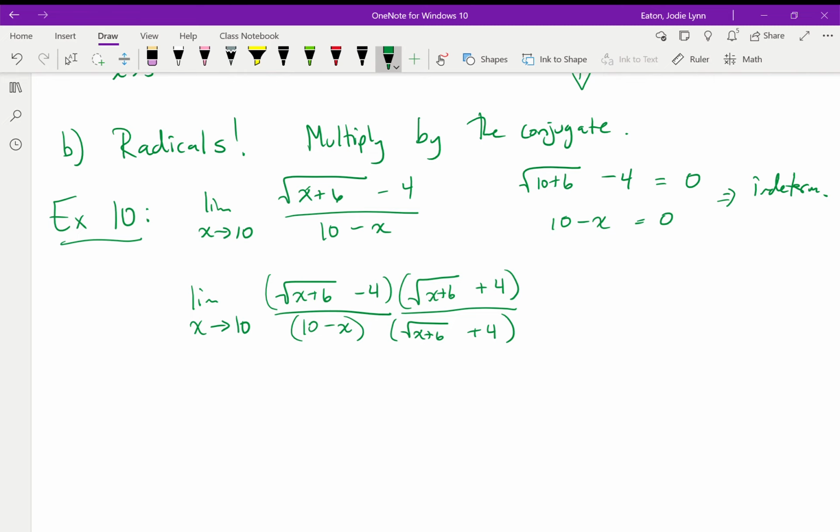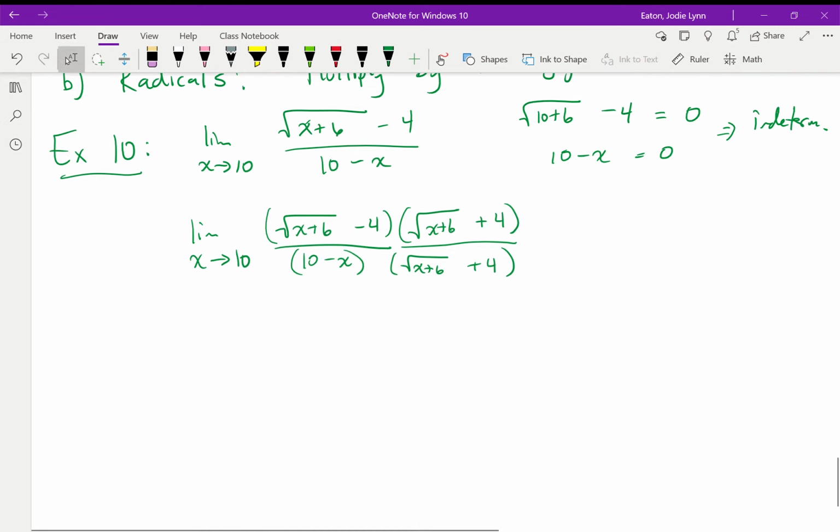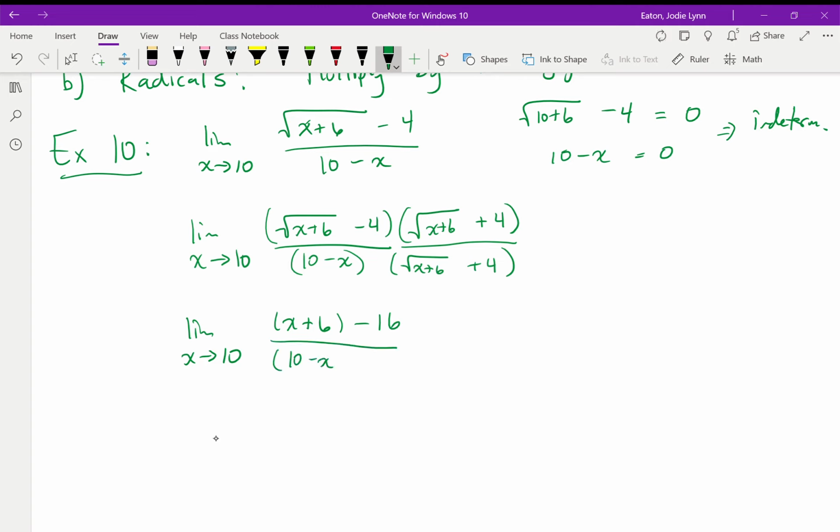So let's expand our lovely brackets. I'm not going to expand the denominator because I probably won't need to. So we have 10 minus x in the denominator, so this is the limit as x approaches 10 of x plus 6 minus 4 radical x plus 6 plus 4 radical x plus 6 cancels, minus 16, over 10 minus x times radical x plus 6 plus 4.